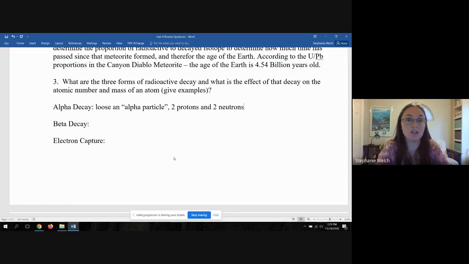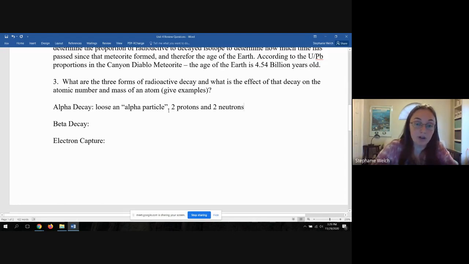The electrons essentially are just all charge and no mass, and they don't exist in the nucleus. So to lose an alpha particle, you lose 2 protons and 2 neutrons. Two things are definitely going to happen. The name of the element is inherently going to change because the number of protons effectively defines the individual element. The other thing that's going to happen is that the mass is going to change.